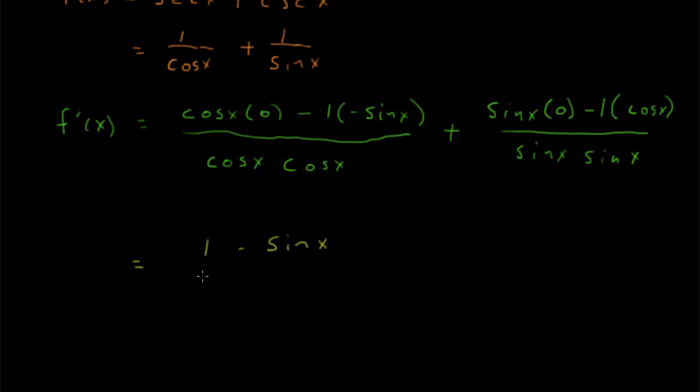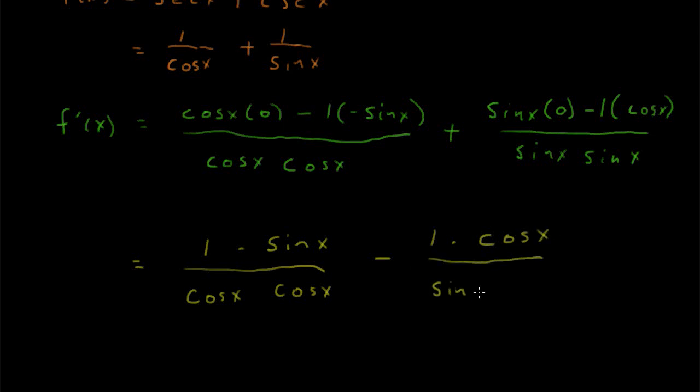So 1 times the sine x is the numerator, and we put that over our denominator, which is cosine x times cosine x. Let's simplify the second term. Once again, sine x times 0 is 0, and we have a minus, and let's bring it out in front: minus 1 times cosine x, over, again, sine x times sine x.